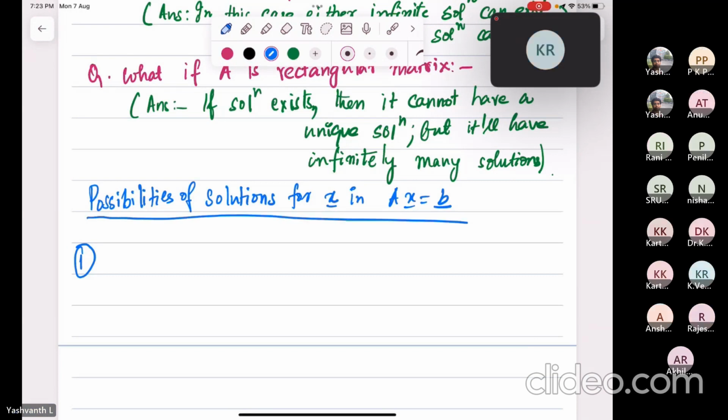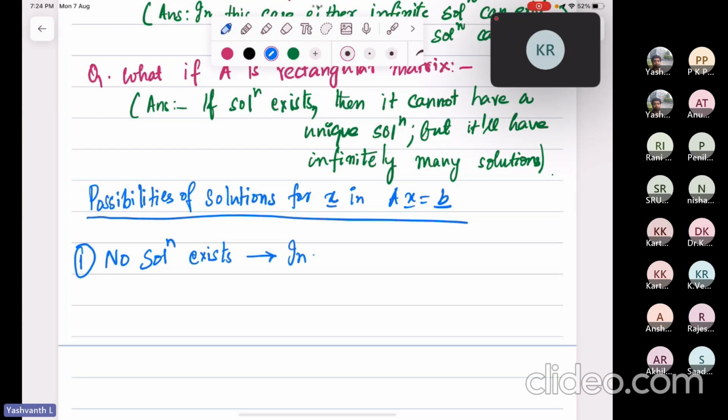Number one, no solution can exist. It's possible that you cannot find even one vector x such that Ax equal to B is satisfied. Such a system of linear equations is called an inconsistent system of linear equations. LE means linear equations. What is the other possibility?